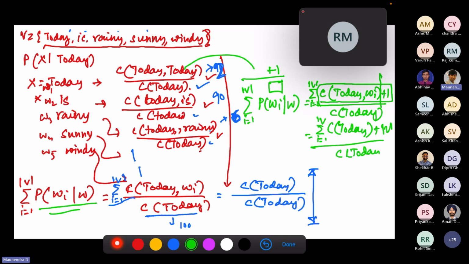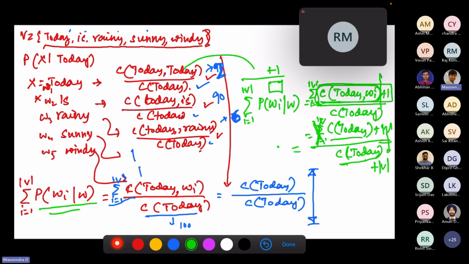The denominator remains the same. Now, if this is the case, we see that this is no longer a probability. The denominator is count of today, and the numerator now has an extra V, so the sum is no longer 1.